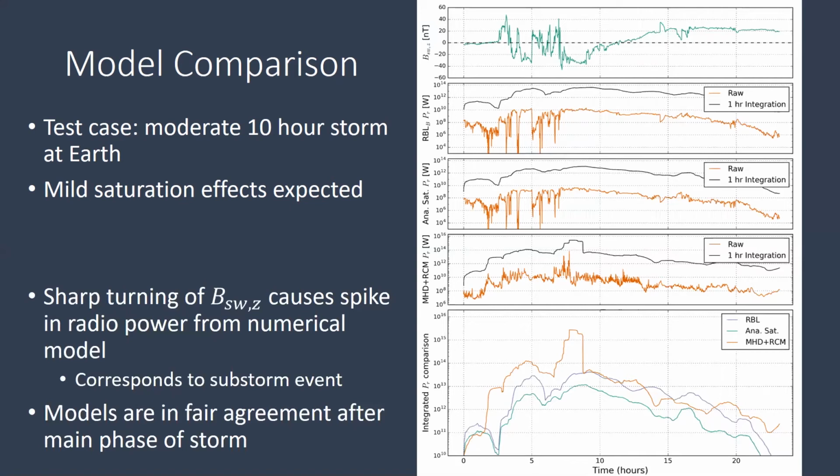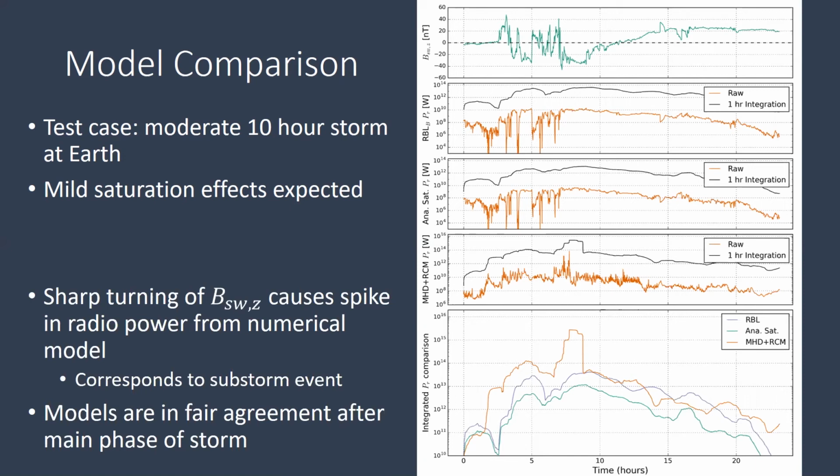And so to compare those three at the bottom, we find that at the back end of the storm, when everything's settled down, the models are in fairly good agreement. You'll find that the analytic saturation model always predicts less than RBL does, which is what you would expect. And we fall somewhere around that range.